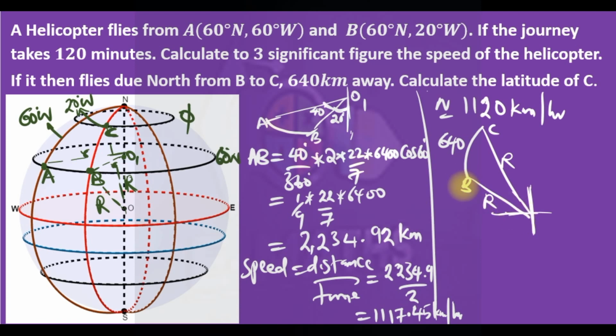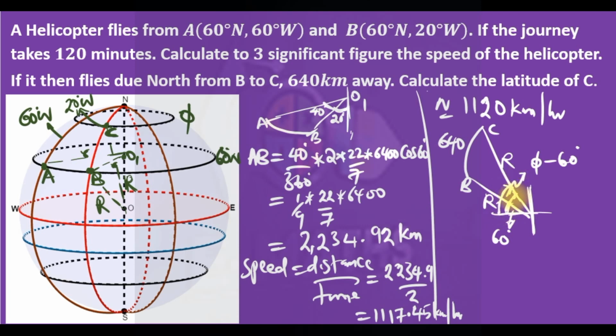As you can see, this is B. We know that the latitude of B is 60. See where the mathematics comes in. We want to get the latitude of C, which is phi.